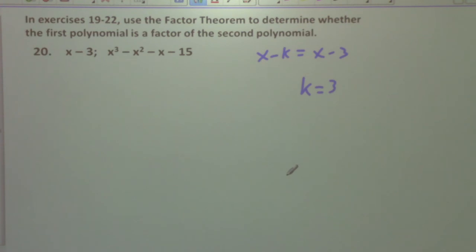So what can we do with that 3? Okay, same thing we did in problems 13 through 16. Same thing we did in problem 19, which is what? Plug it in. Plug it in. I'll wait for Kayla to help me with that.